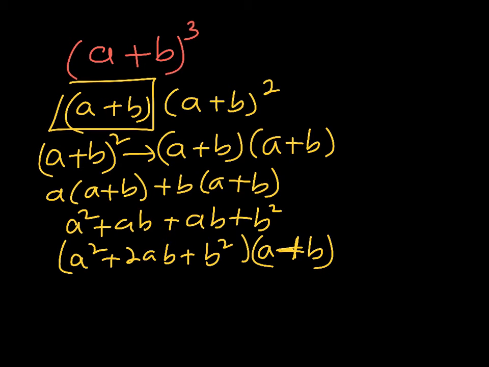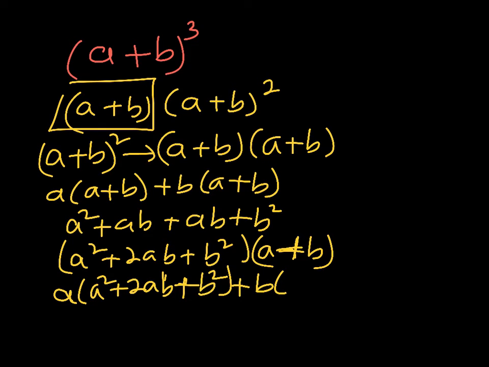So now we're going to take a plus b and spread it to the contents of the other brackets. So that's going to be a into (a² + 2ab + b²) plus b into (a² + 2ab + b²).